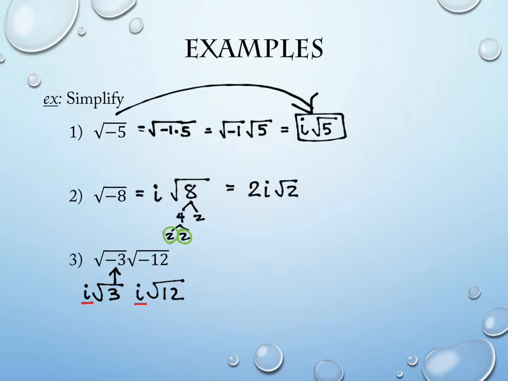That's i squared. And then I can put all the values underneath the radical together, the 3 and the 12. I need to factor my 12 still, so we'll do that next. But the i squared's in front, and I have 3 and 12. 12 factors is what? 4 and 3, and 4 is 2 and 2.